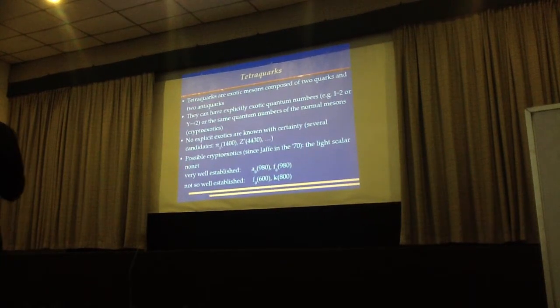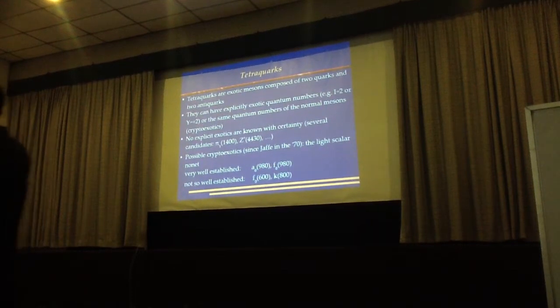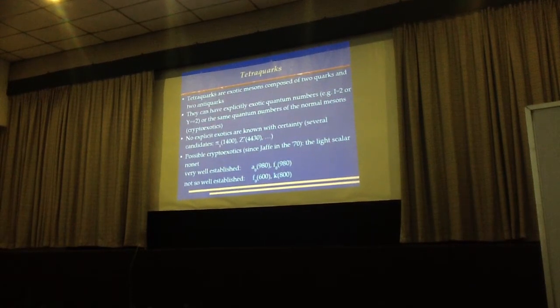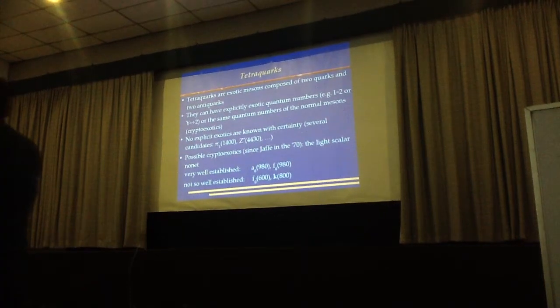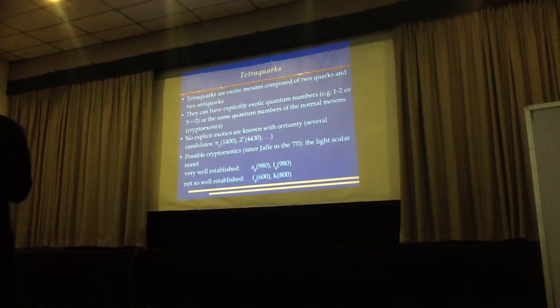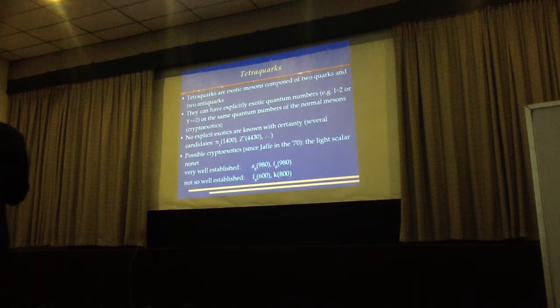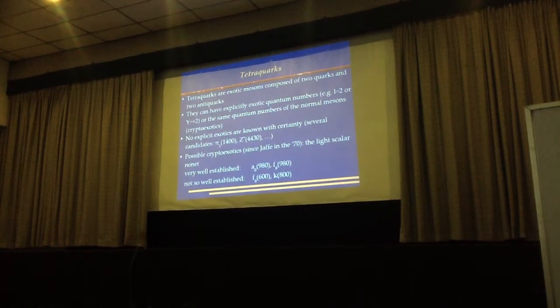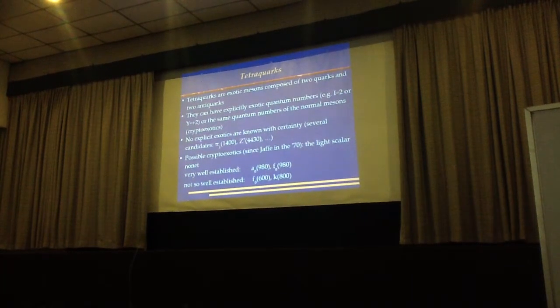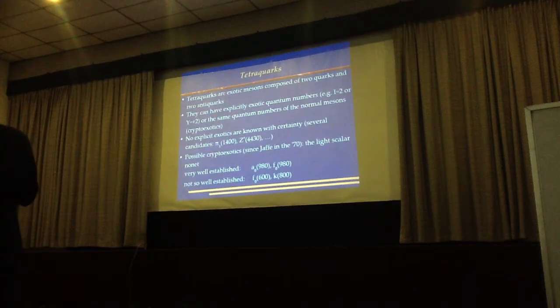Then we have also the cryptoexotics that are obviously more difficult to identify. However, Jaffe, since the 70s, already identified a complete nonet of possible tetraquarks. That is the light scalar nonet.